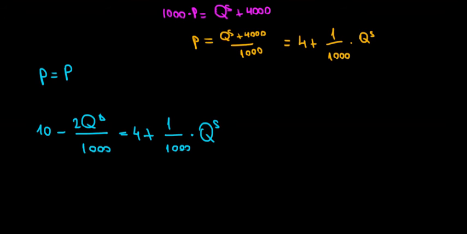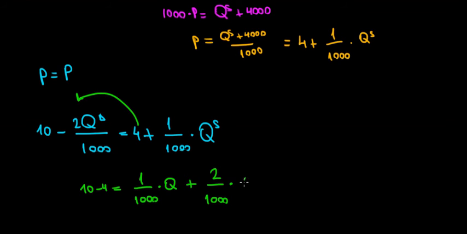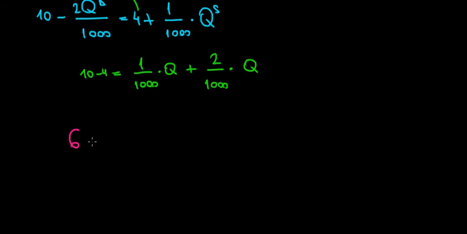We would take the constants together, so 10 minus 4, and over here we're left with 1 over 1,000 times Q. Let's just write Q for now, because we'll get to the same equilibrium quantity, plus 2 over 1,000 times Q. So we would have 6 equals 1 over 1,000 plus 2 over 1,000. That's 3 divided by 1,000 multiplied with the equilibrium quantity.